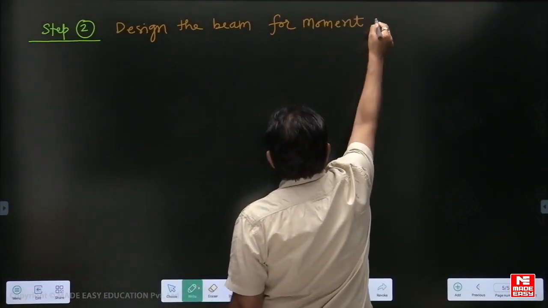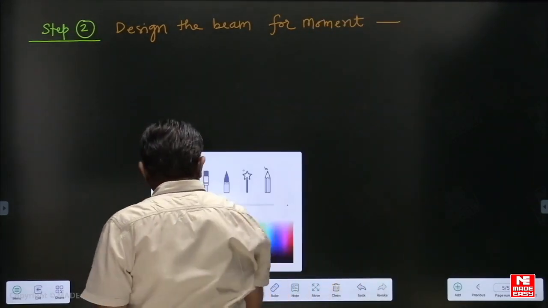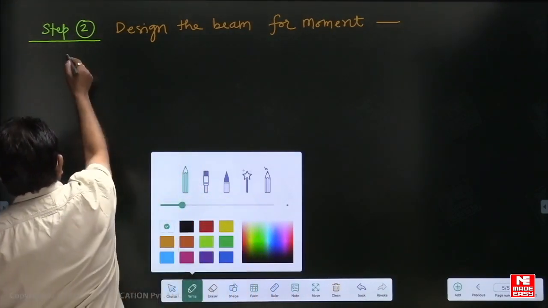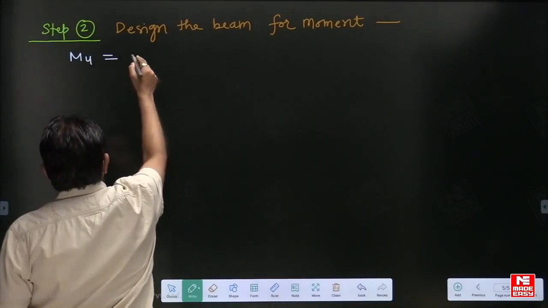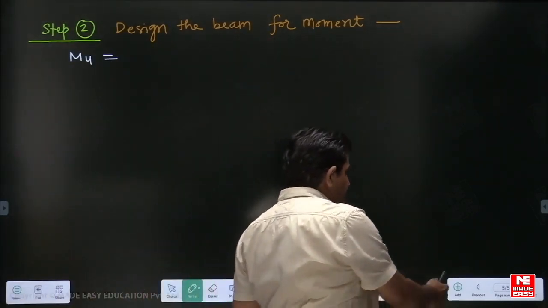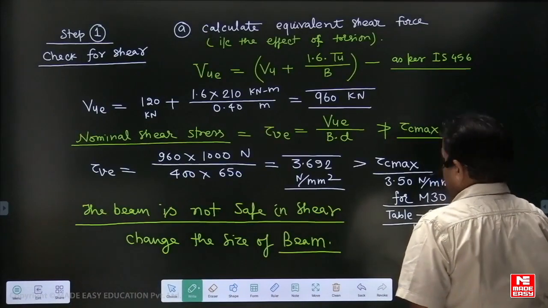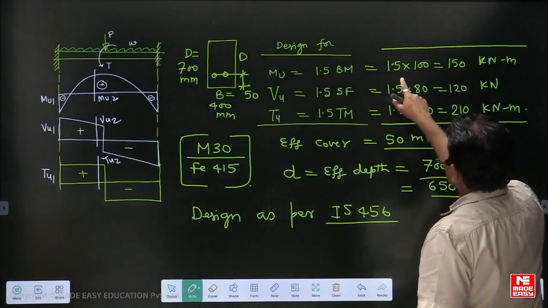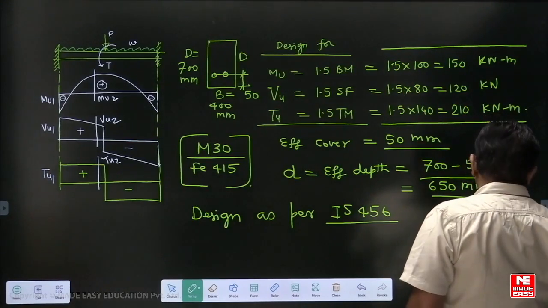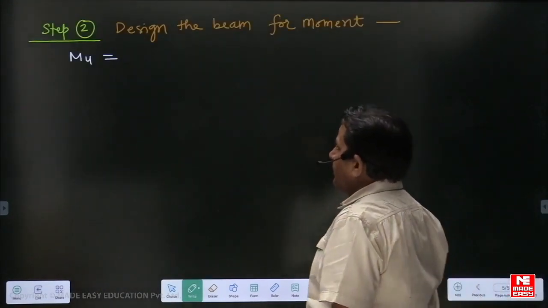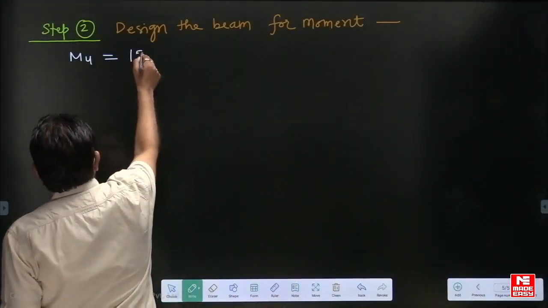Okay. See here, your moments, Mu is one moment. This is equal to 150 kilonewton meter. I can take it. See the question. Yes, here it is 150 kilonewton meter, and torsion is 210. So Mu is 150 kilonewton meter.